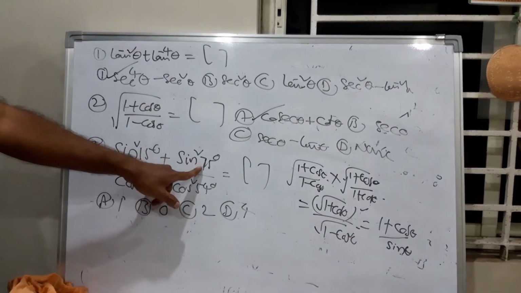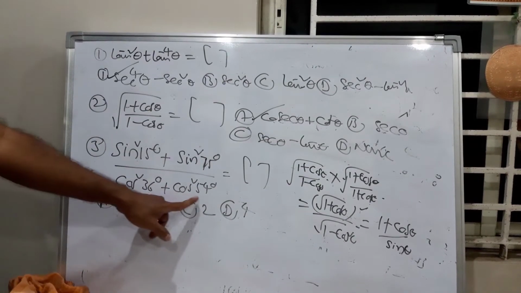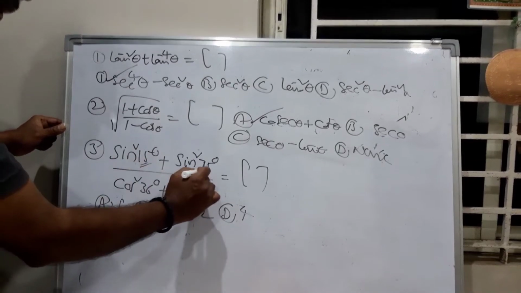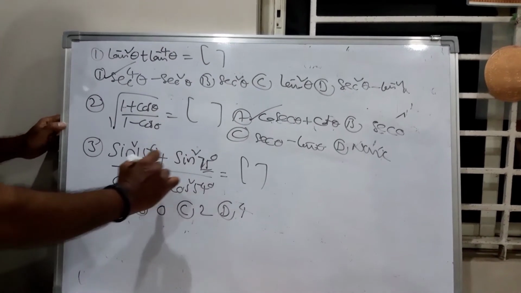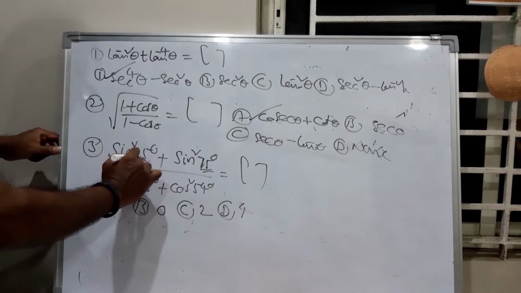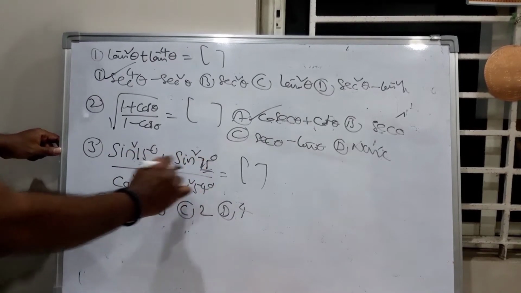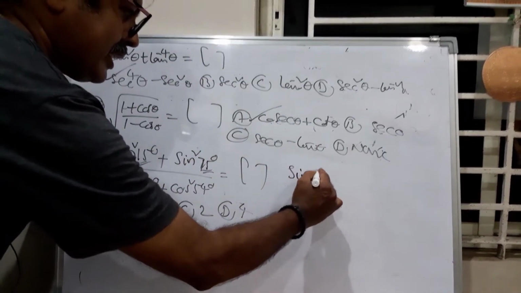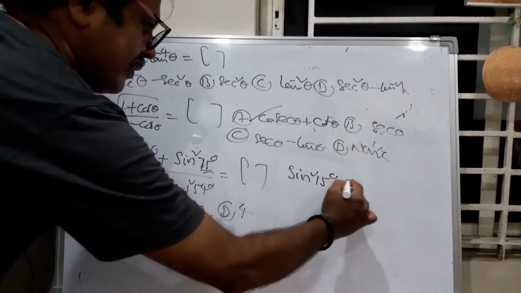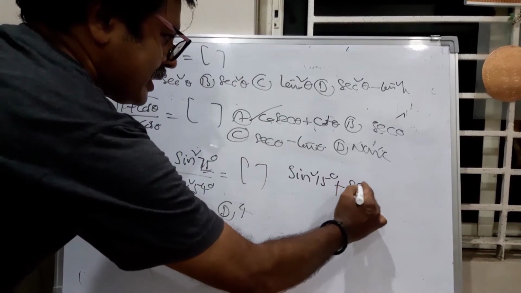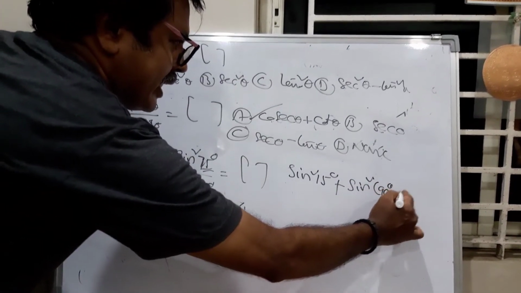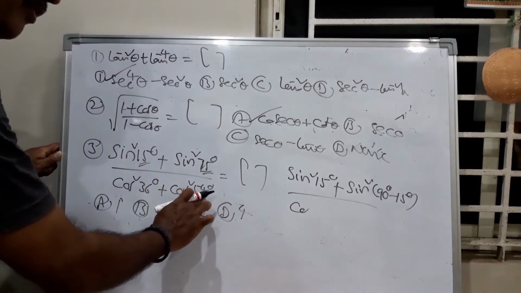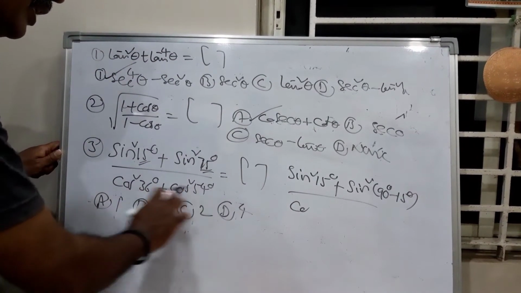Sin square 15 plus sin square 75 by cos square 36 plus cos square 54. Here we can observe that 15 and 75 are complementary angles, so I am going to write 75 as 90 minus 15. Similarly, 36 and 54 are also complementary.